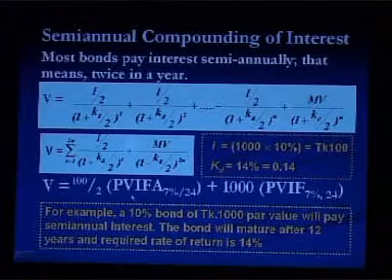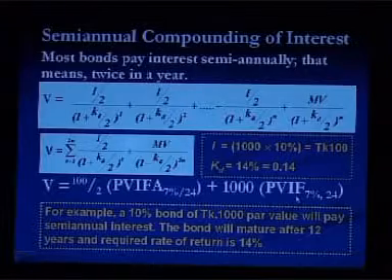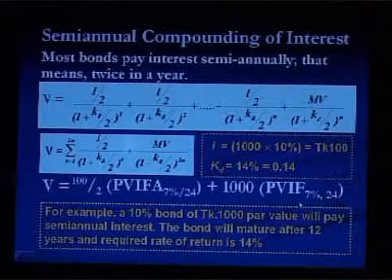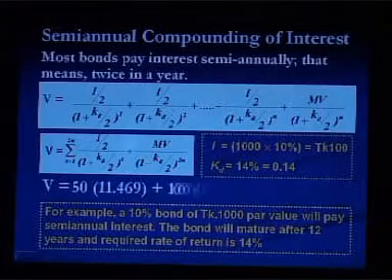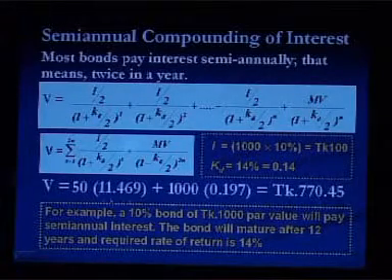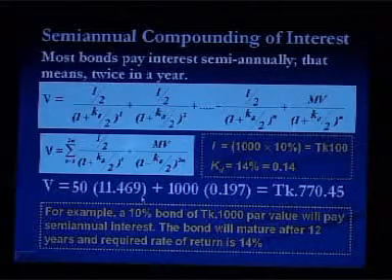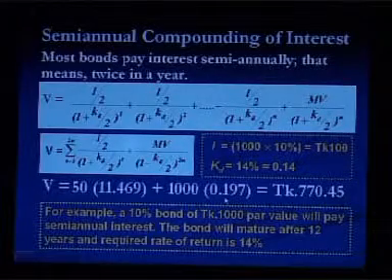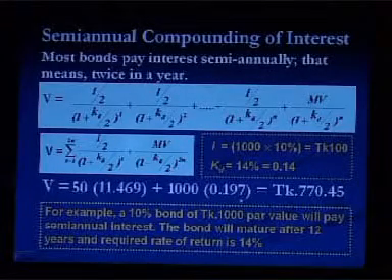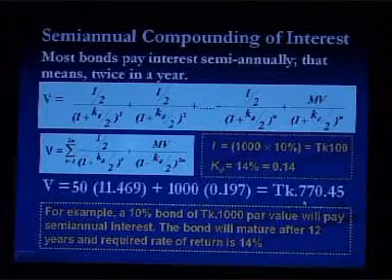Now, if I put the value of the present value interest factor of annuity and the present value interest factor for the lump sum amount from the table, then we can find this. The interest I by 2 is equal to 50, and the present value interest factor of annuity will be 11.469, and the present value interest factor of the lump sum amount is 0.197, and the value of the bond will be taka 770.45.